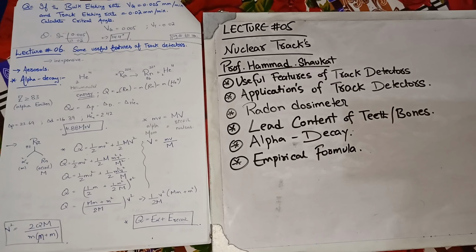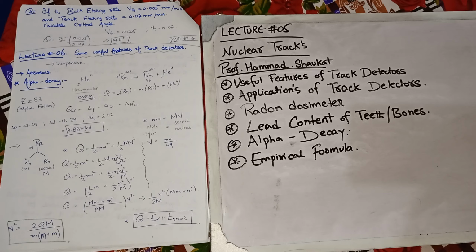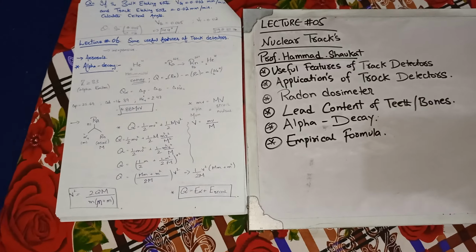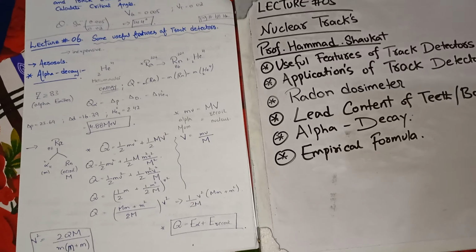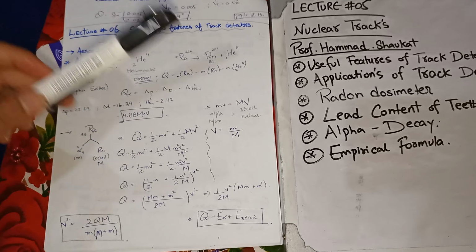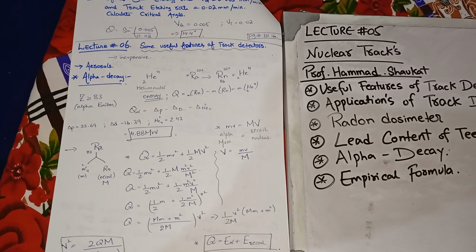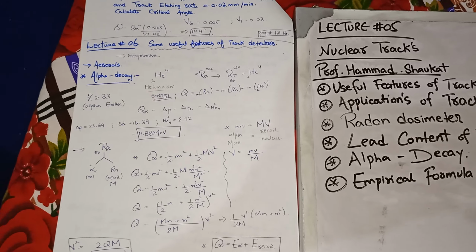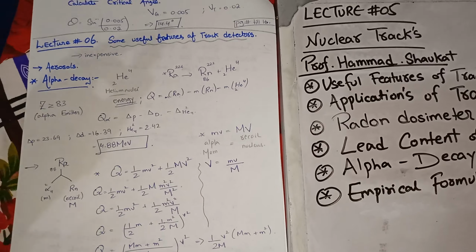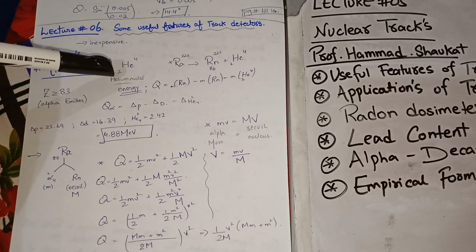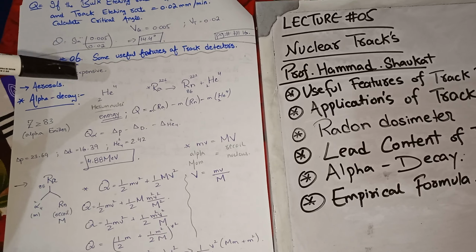Now we will discuss alpha decay. What is alpha decay? You already know it is the helium nucleus, and the chemical formula of helium is He 2 4.